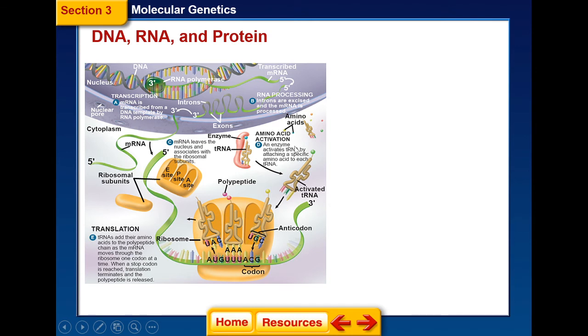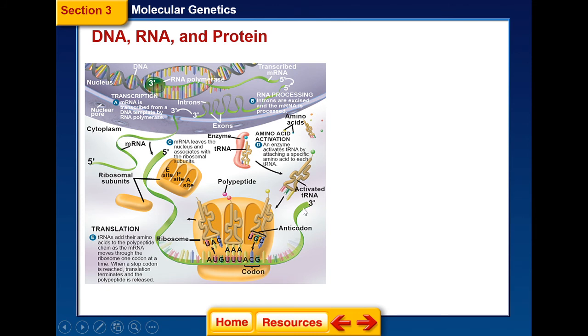Amino acid activation. An enzyme activates tRNA by attaching a specific amino acid to each tRNA. And these are known as those anticodons, as you see here. But we are worried about the codon.